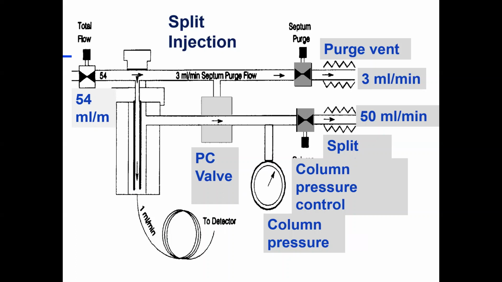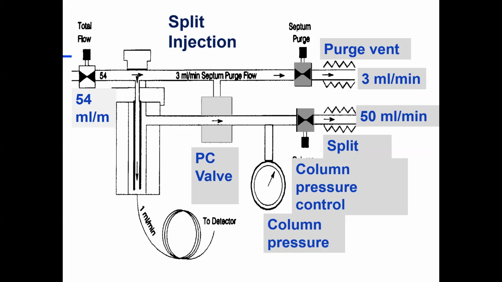Maybe we've got 54 mils per minute of hydrogen or helium coming into the system. You make your injection here. This expands. Some portion of it goes down the column and out this way. The majority of it actually expands, comes around here, and goes out our split vent.